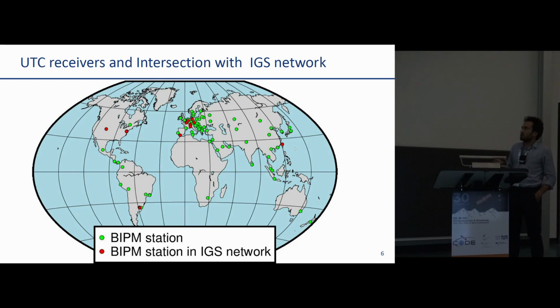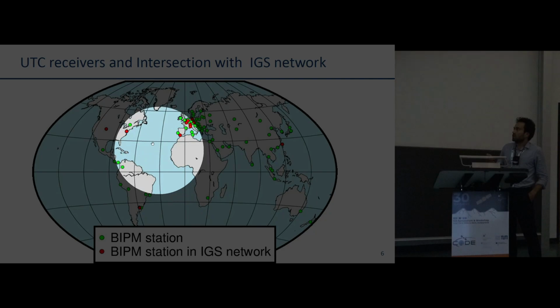This is the map of the labs that participate in UTC. In yellow you can see all the labs which maintain a UTC(k), and in red you can see the UTC(k) labs which also contribute to IGS. This means that through these labs it is possible to access the very stable UTC(k) of many labs.